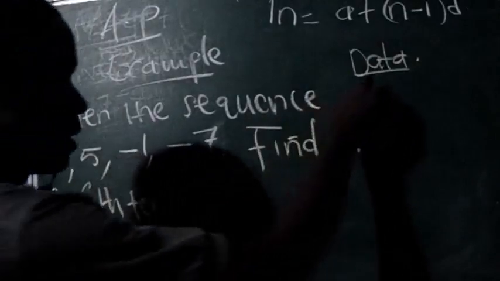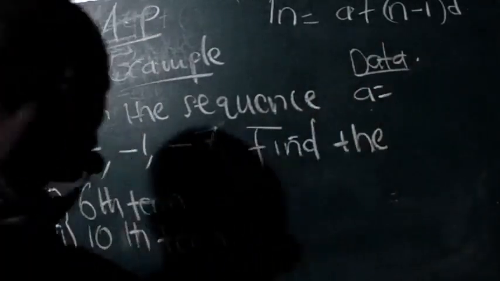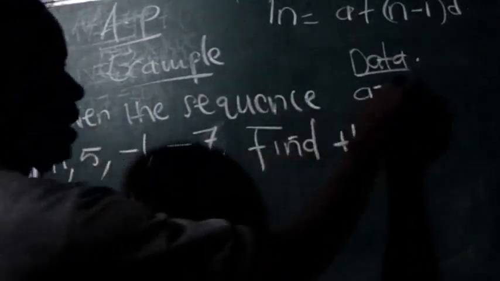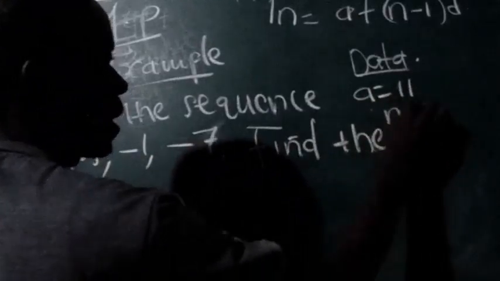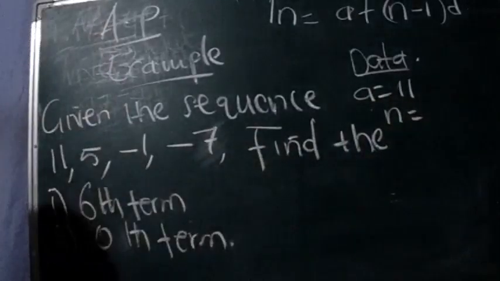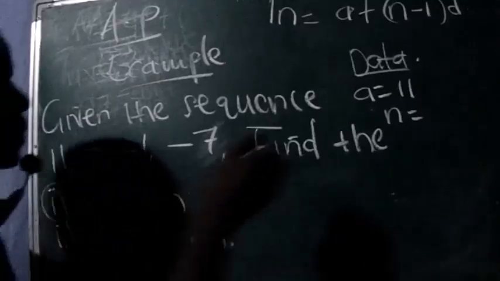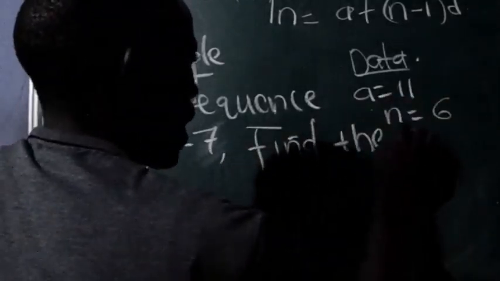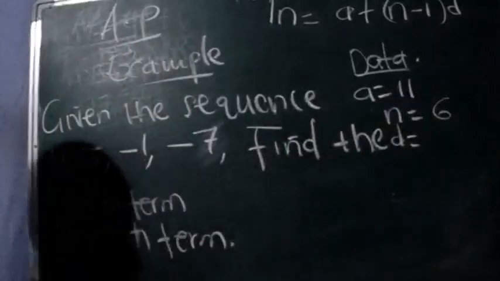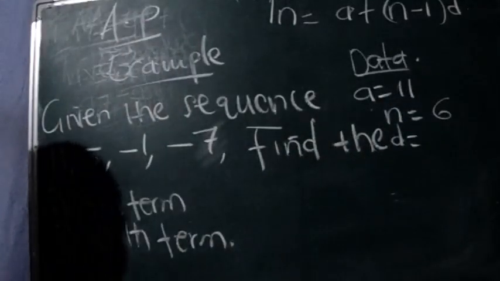We need A, which is our first term, and it's 11. We also need n. n is the number of the term. For the first question we have to find the 6th term, so that is 6, and D is our common difference. So what is our common difference?